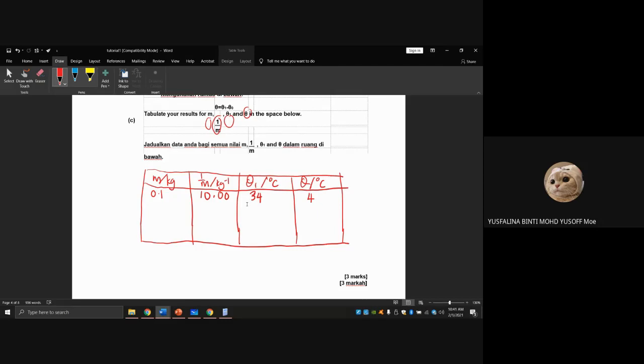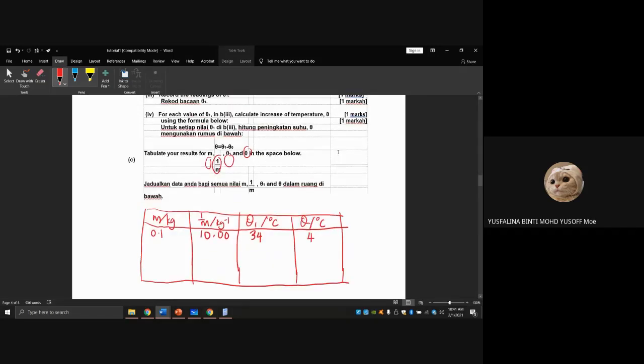Teacher, why do we need to divide the mass, 1 over m? Okay, because actually we want to get the graph. For 1 over m, the graph should be like this.